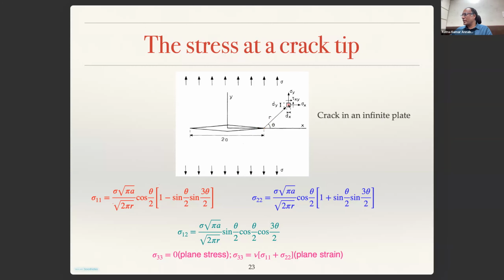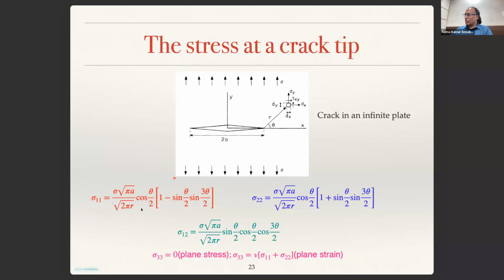Let us say you take a point here, and the position is r and theta with coordinate axis x at the crack tip, and the body is subjected to sigma 2 in this case. Although the body is subjected to sigma 2, at an angle theta you will develop the stresses sigma 11, sigma 22, sigma 12 as a function of r and theta, right?